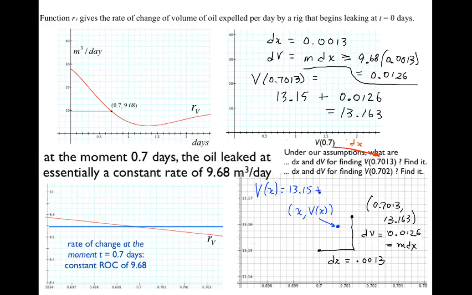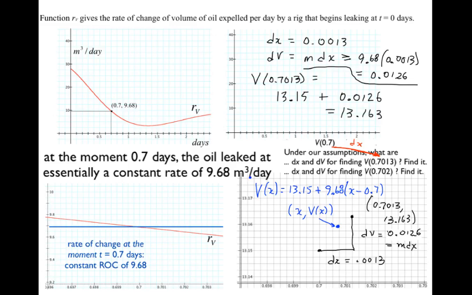plus, how much does the volume change when we change x from 0.7 to any x? We need the little change in volume as x changes from 0.7 to any x. X minus 0.7. And then what's the resulting change in volume? The change in x times 9.68.